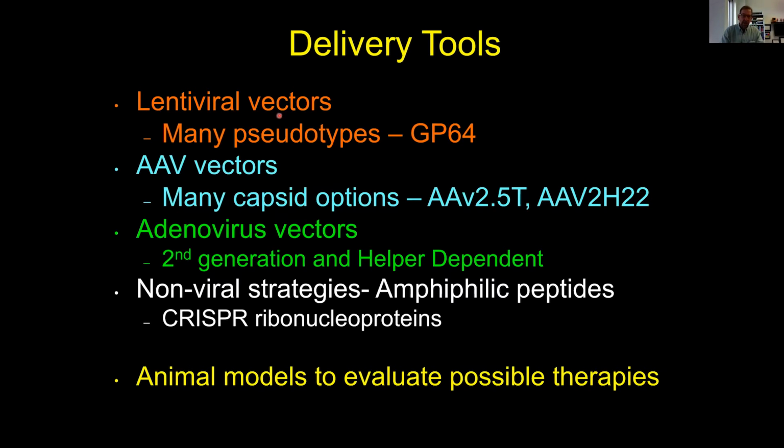I'm going to focus on lentiviral vectors in this talk, and also non-viral strategies such as amphiphilic peptides and other non-viral delivery strategies. And I'll be discussing CRISPR ribonucleoprotein delivery. And importantly, we have animal models to evaluate how these work.